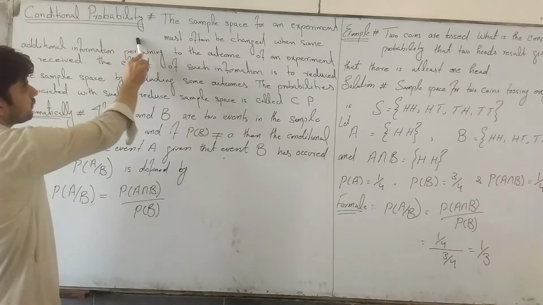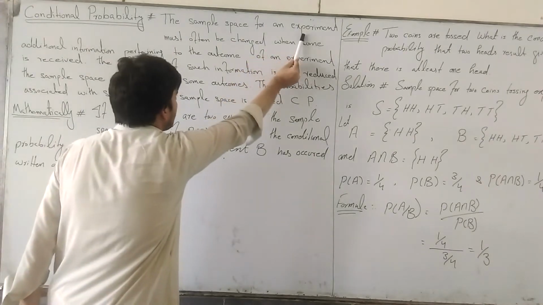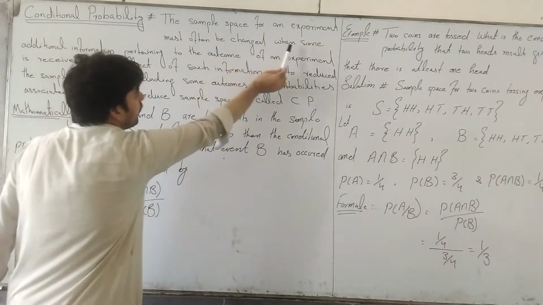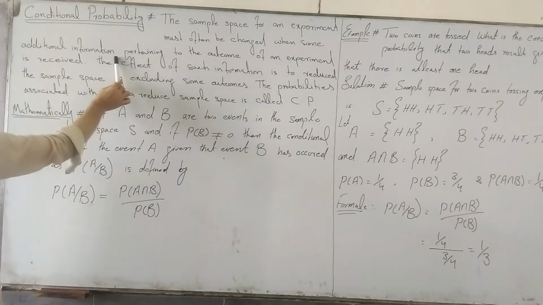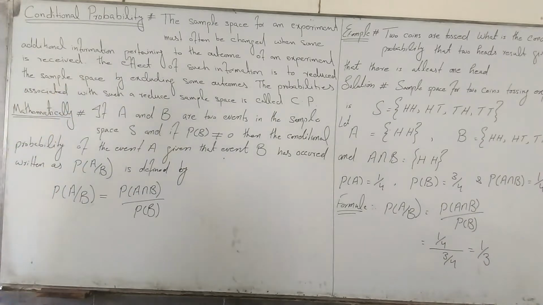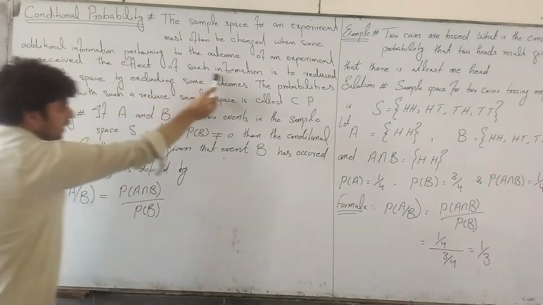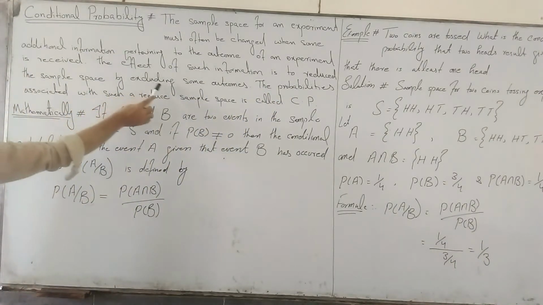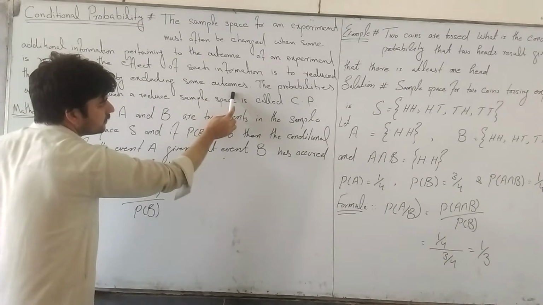Conditional probability. The sample space for an experiment must often be changed when some additional information about the outcome of an experiment is received. The effect of such information is to reduce the sample space by excluding some outcomes.